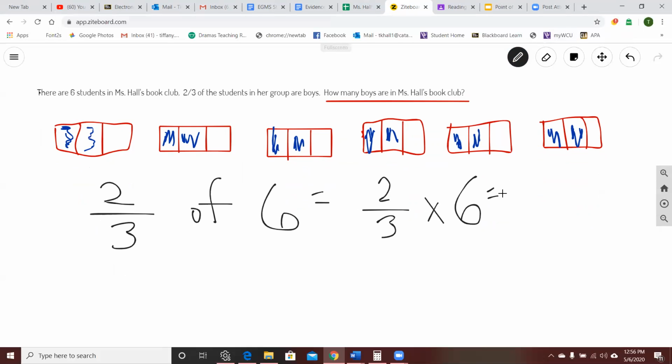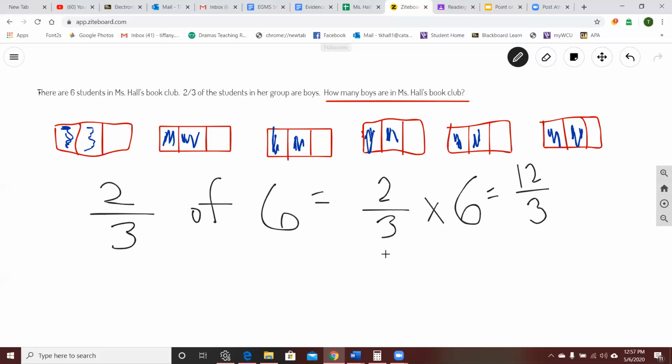Well, when I count that, I've got 1, 2, 3, 4, 5, 6, 7, 8, 9, 10, 11, 12. That's 12 colored in. And my denominator is obviously 3, since there's 3 in each one.